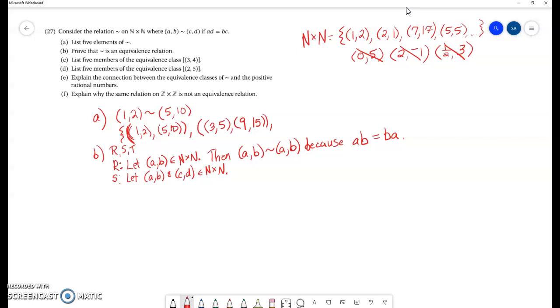So then we want to show basically that, and we can even set it up, we can go ahead and assume that (a, b) is in relation with (c, d).